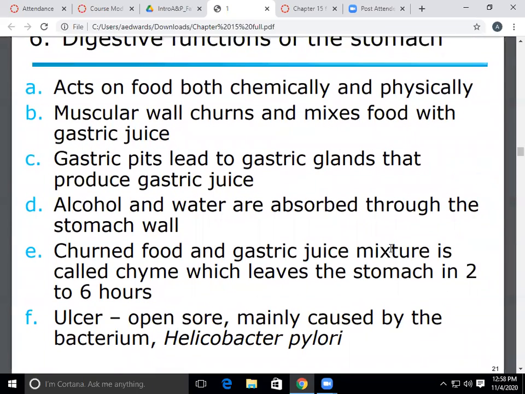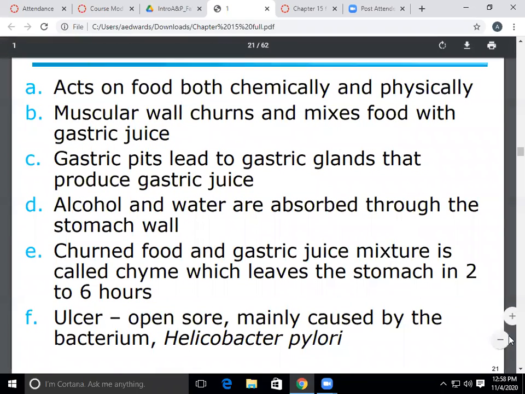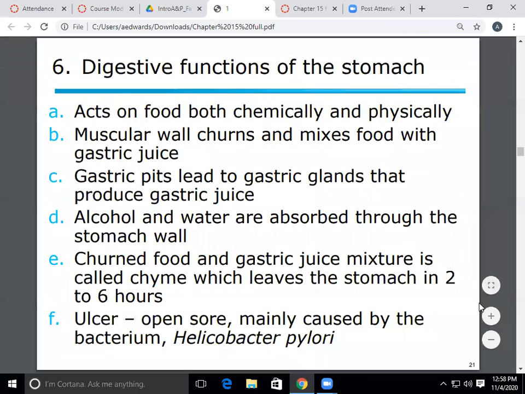Okay, digestive functions of the stomach. So the stomach has a chemical function, okay? You put in chemicals, enzymes, and acid into your stomach to break down food. It has a physical function in terms of its ability to contract and mix your food, or mix your bolus.